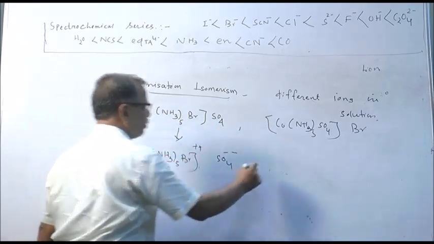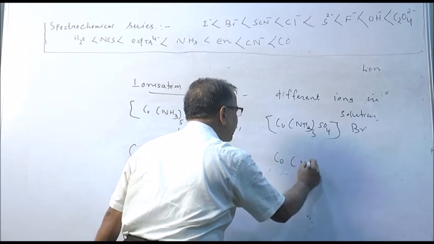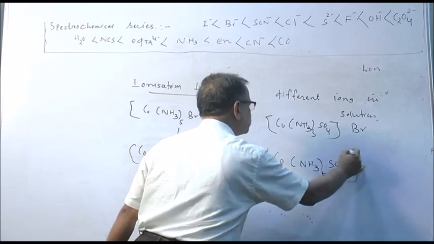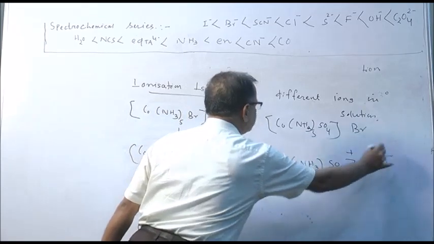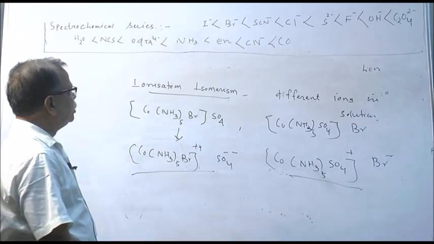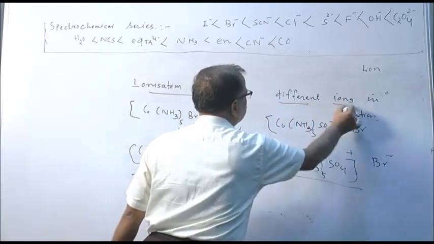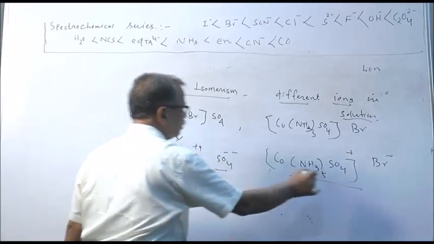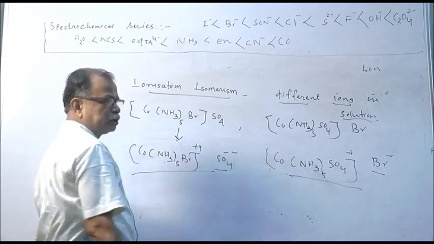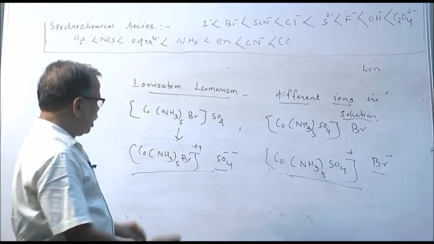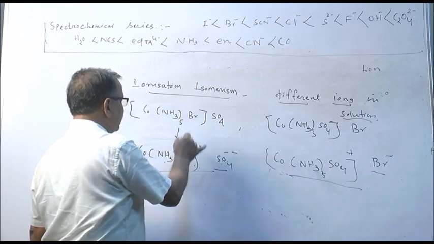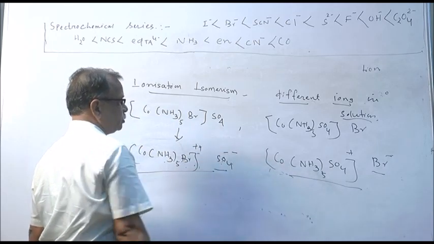Both have the same molecular formula, but here [Co(NH3)5SO4]+ and Br-. These two are called ionization isomers because they give different ions in solution. Here you get sulfate ion, here you get bromide ion. The ionizable group outside the coordination sphere comes inside, and the non-ionizable one goes to the other side.